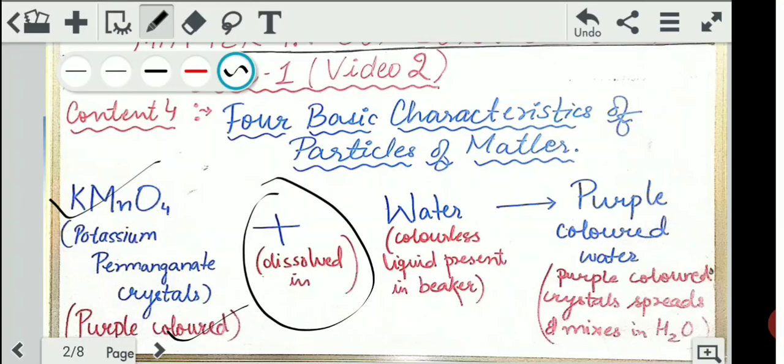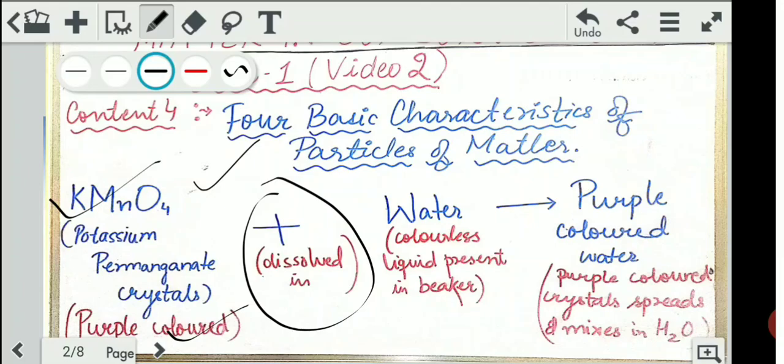Now in that colorless liquid we added purple colored potassium permanganate crystals. Thereby we see that the water has turned purple colored. The purple colored crystals have spread and mixed in the water.